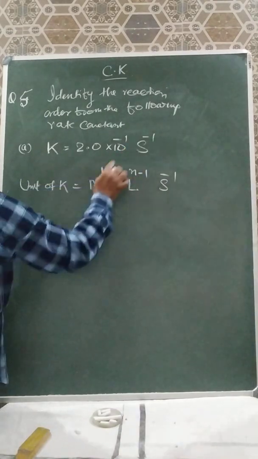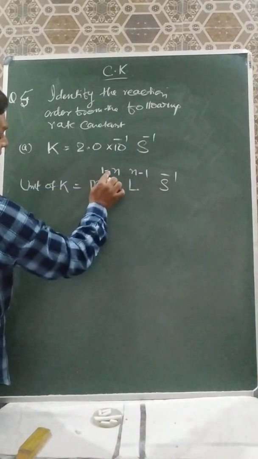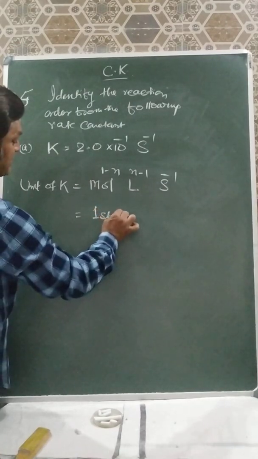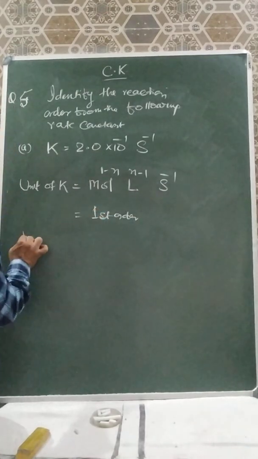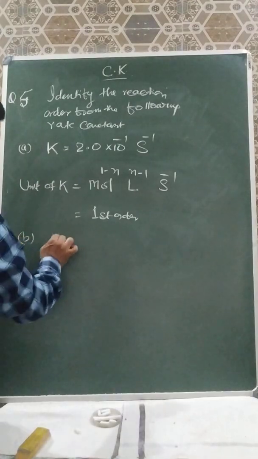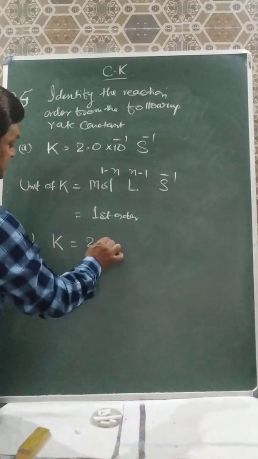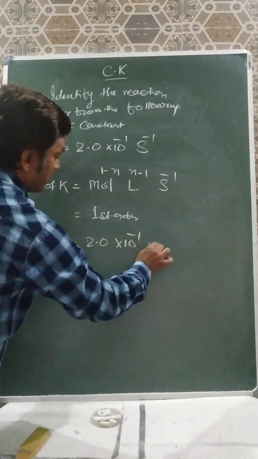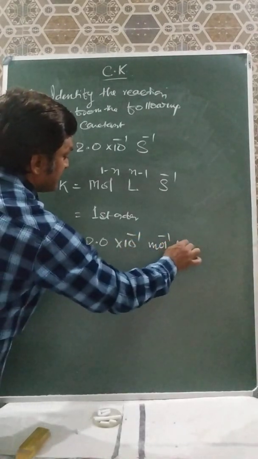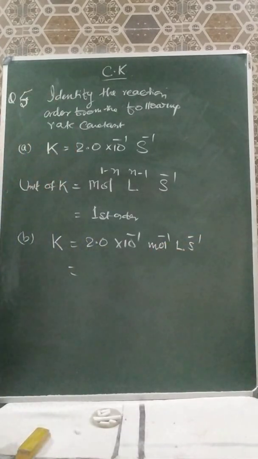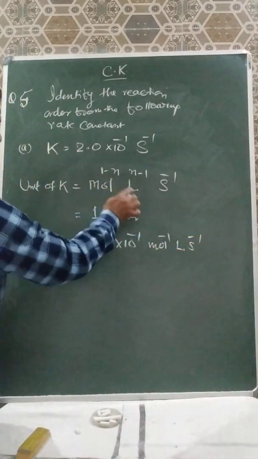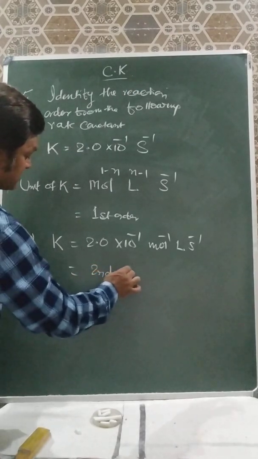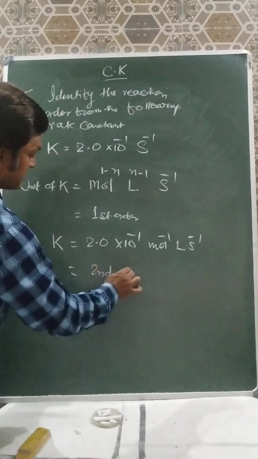Only second inverse remains, so 1 minus n is 0, meaning n is 1. That means it is first order. Part B: k is equal to 2.0 into 10 to the power minus 1 mole inverse liter per second. That is 1 minus n is equal to minus 1, that is second order. Answer is second order.